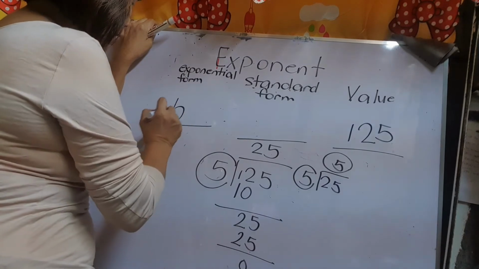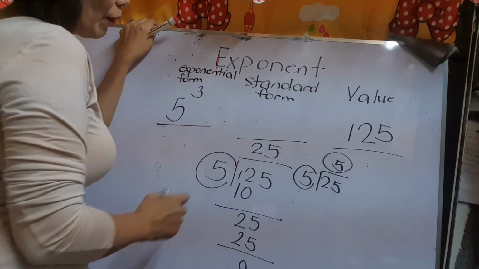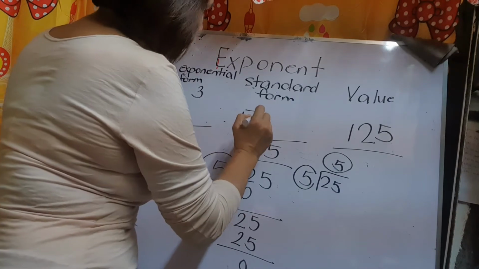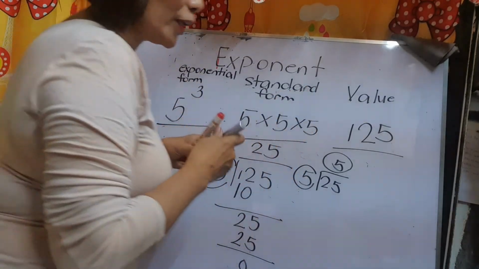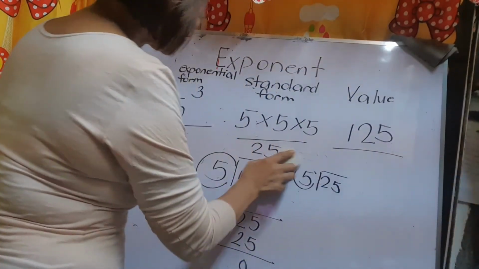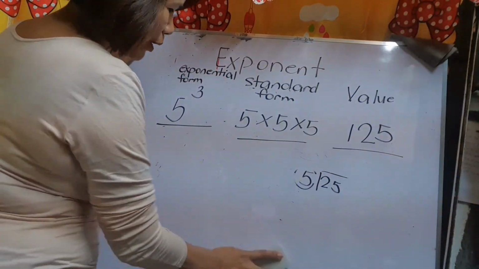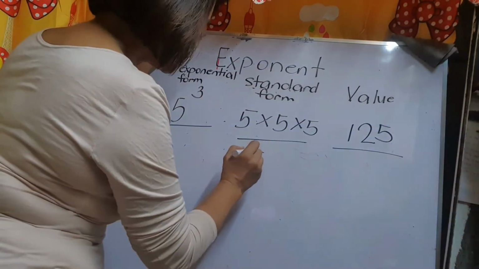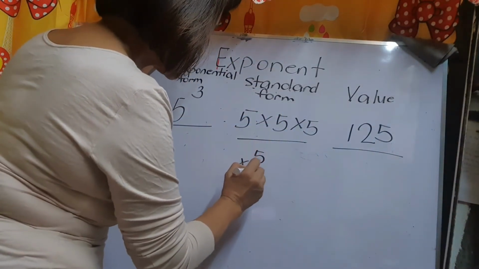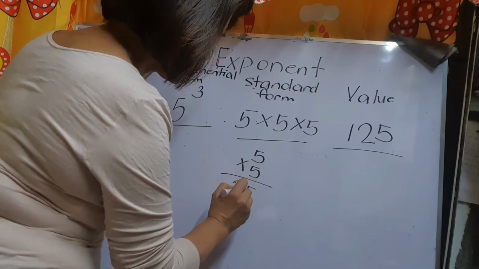Okay, tingnan natin kung tatama. Gawin natin dito ng 5 to the third power, 5 times 5 times 5. Tingnan natin kung tatama tayo doon sa value na 125. 5 times 5 is equals to 25.